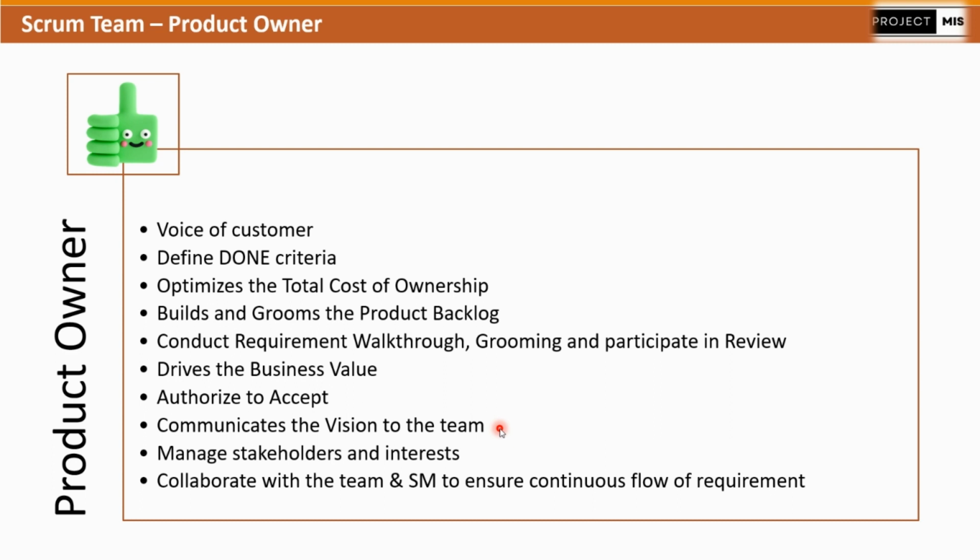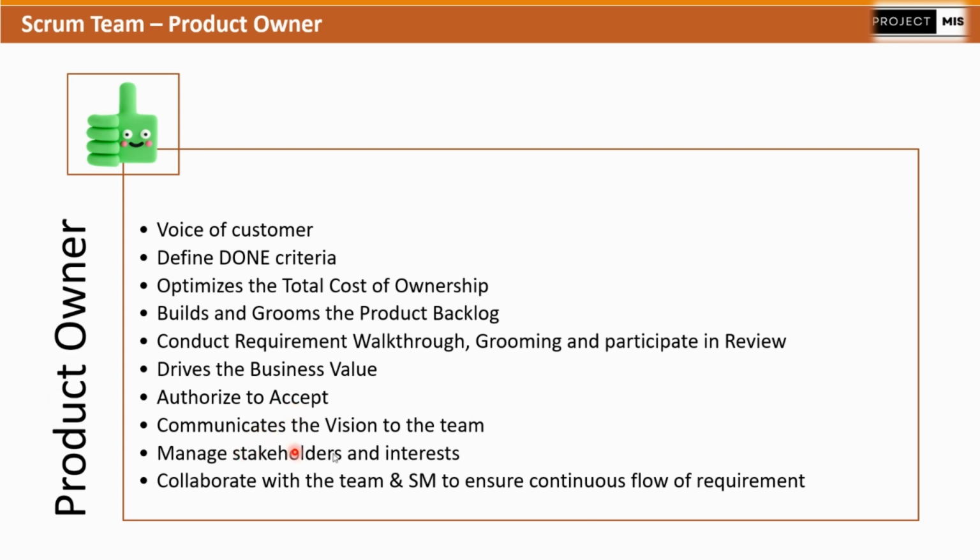So the team should have a very clear pathway to understand how we are going to start working on the project and in how many sprints we are going to deliver what. So when all the sprints get over, what will be the final output. So that's how the product owner makes sure that the vision is communicated to the team, so that the work towards the development and the expected outcome are always aligned.